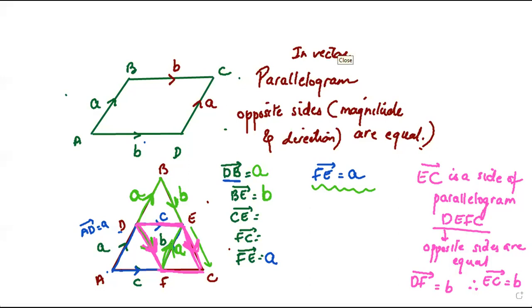Okay, very good. So what I get to know is that ultimately E to C is also B. But they are not asking E to C, they are asking C to E. So I told you, Jasmine, just write down which part you're not clear with, so I can repeat it.